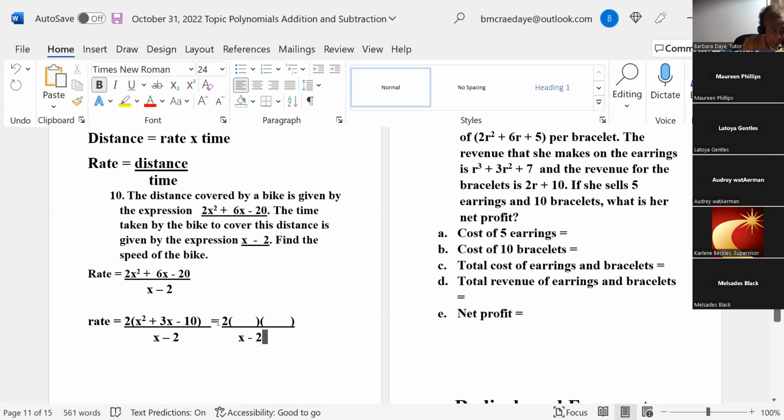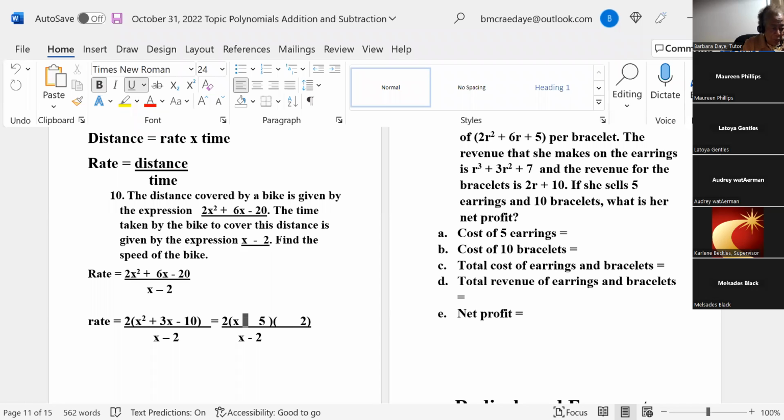You said it's a 5. That's correct. It's a 5 and it's a 2. So which one has to be plus, and how do you know that? Because the 5 is bigger than the 2.